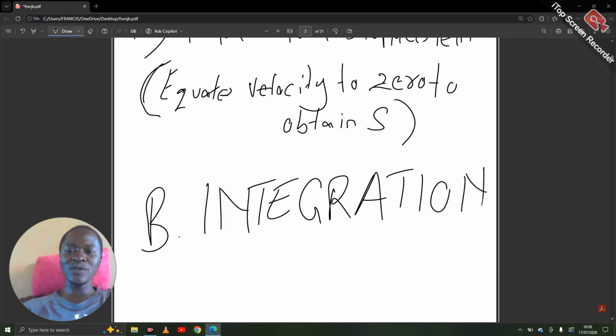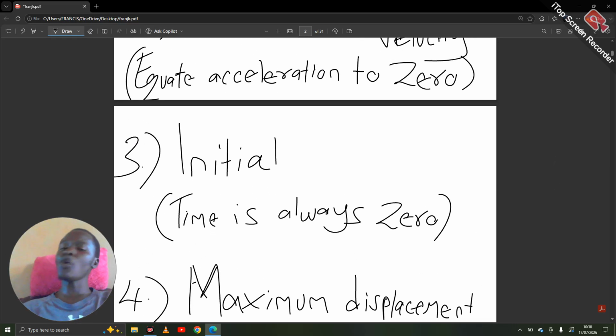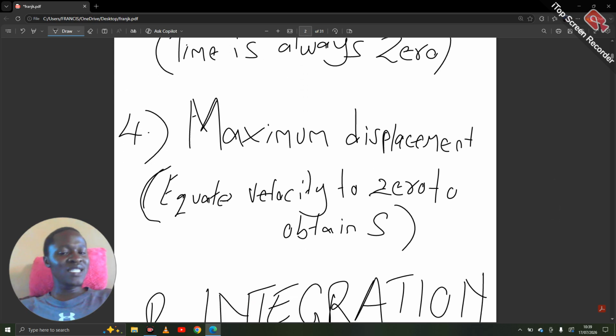I promise you, I shall look at so many examples under integration and differentiation, because when the examiner sets this question, he or she will always combine both differentiation and integration.